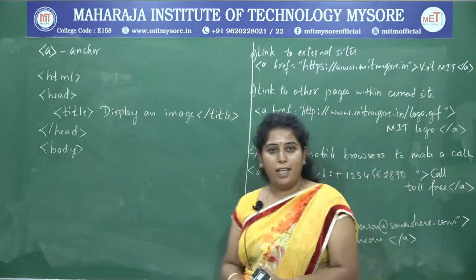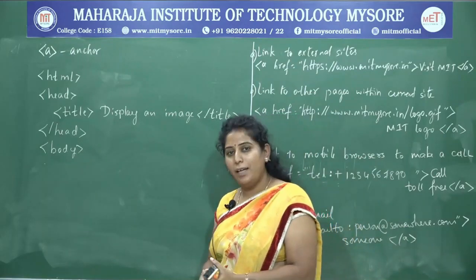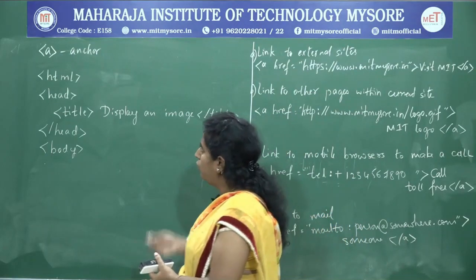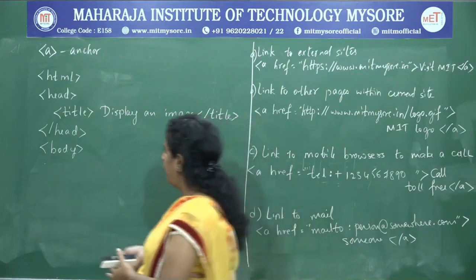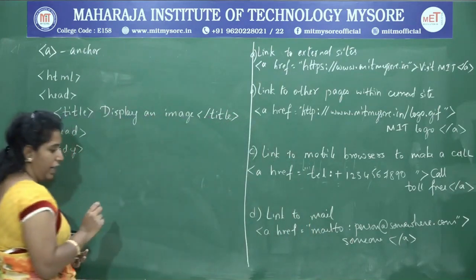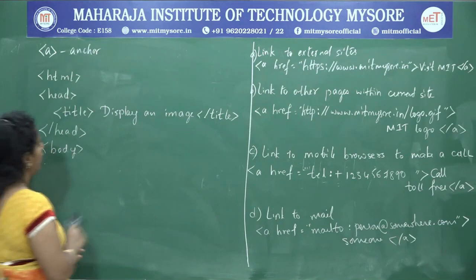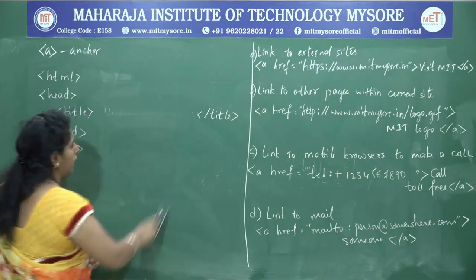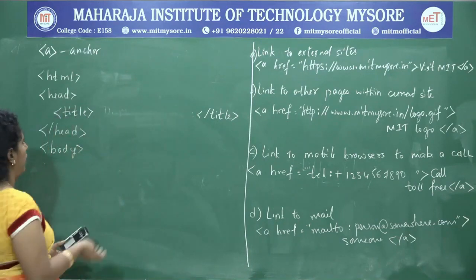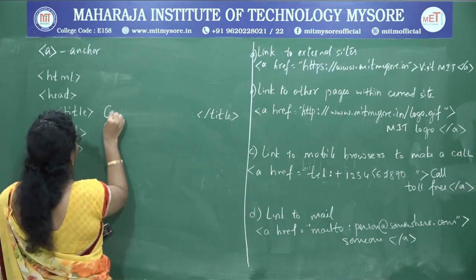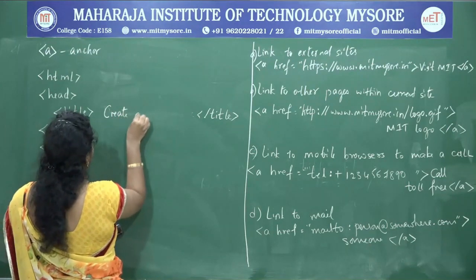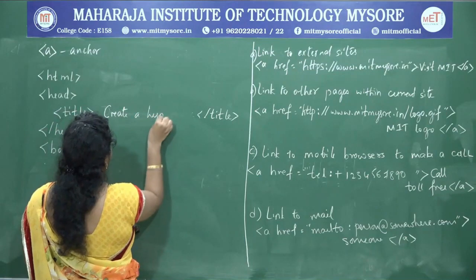So the a tag is used for creating a hyperlink. Let me take a program to illustrate the anchor tag. What is the title to be given? For example, create a hyperlink.